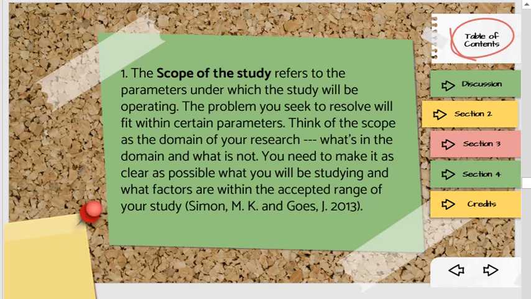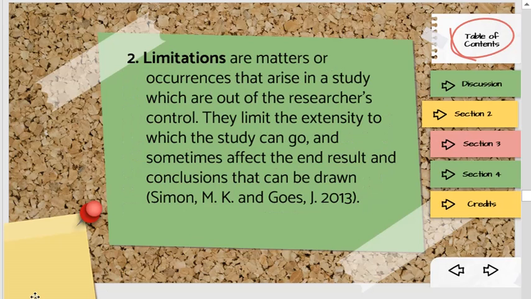and Gose J. 2013. Okay, second point, limitation. You might have encountered this term before in some of the ready-made research papers. Limitations are matters or occurrences that arise in a study which are out of the researcher's control. They limit the extent to which the study can go and sometimes affect the end result and conclusion that can be drawn.